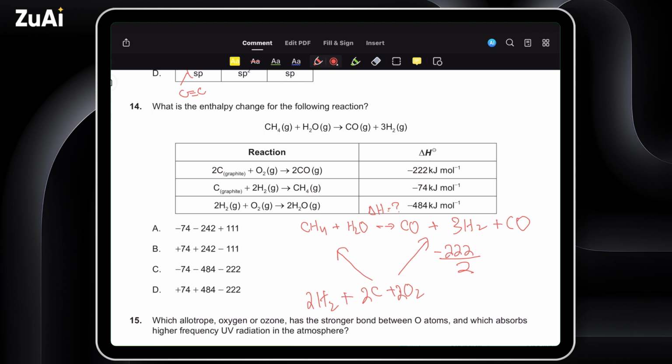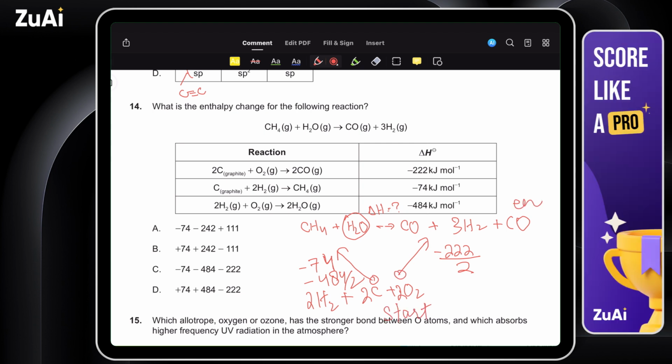And for methane, negative 74 there, and for water again negative 484 divided by 2, because there is only 1 mole of water formed. So from where the tail starts, you have to put the start there, and write the end there, because the arrow points there. So this is the indirect route, this is the direct route.